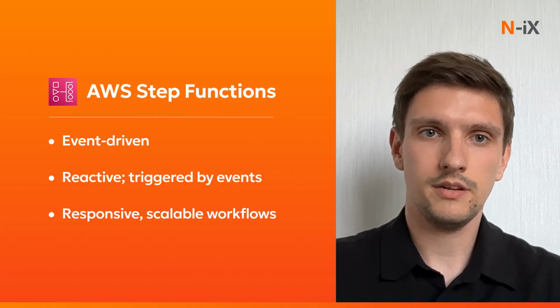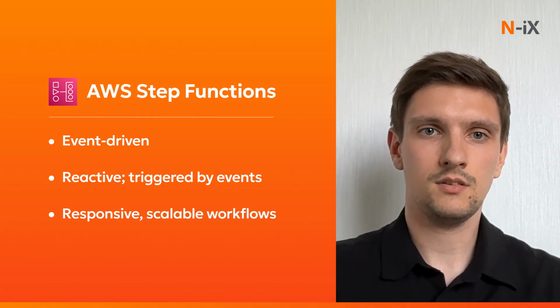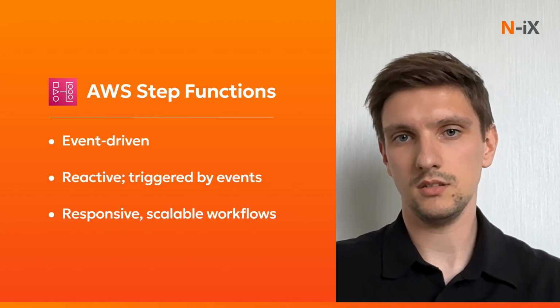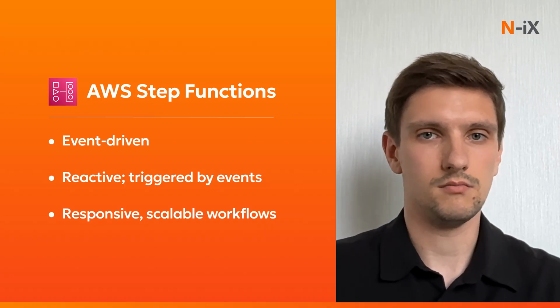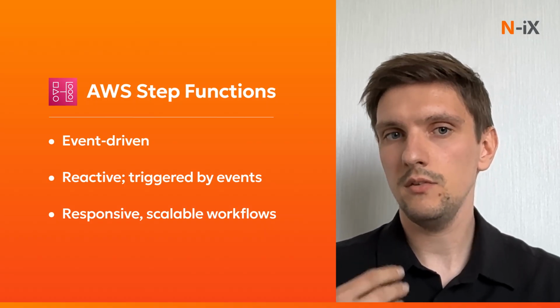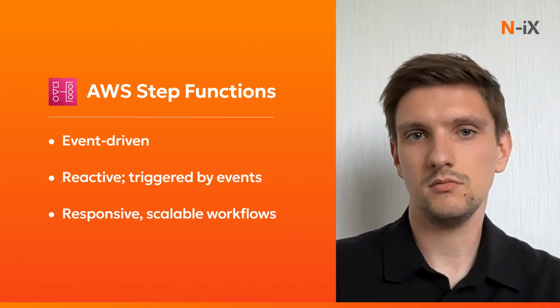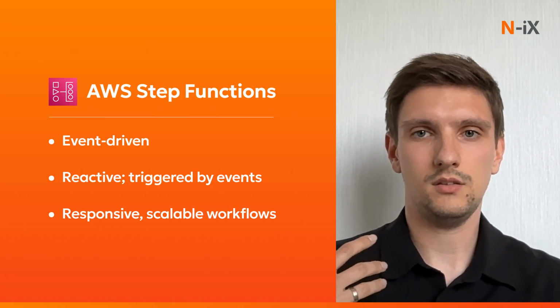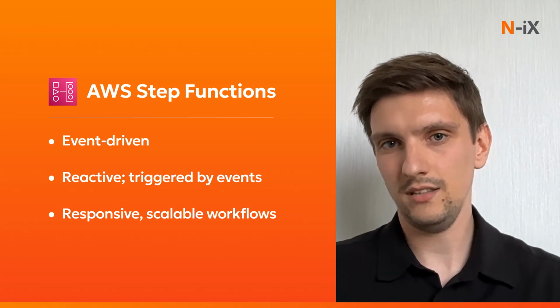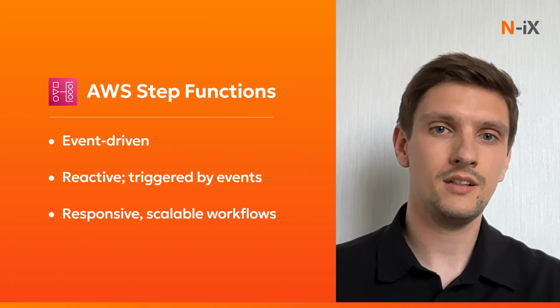These are perfect triggers, and Step Functions effectively coordinates serverless components, including Lambda, Fargate, and various AWS APIs. If your goal is a highly responsive, scalable workflow that you want to set and forget, Step Functions is your ideal choice.